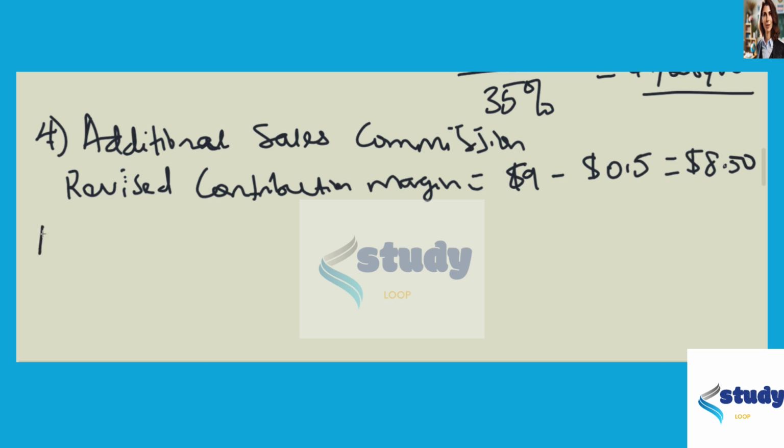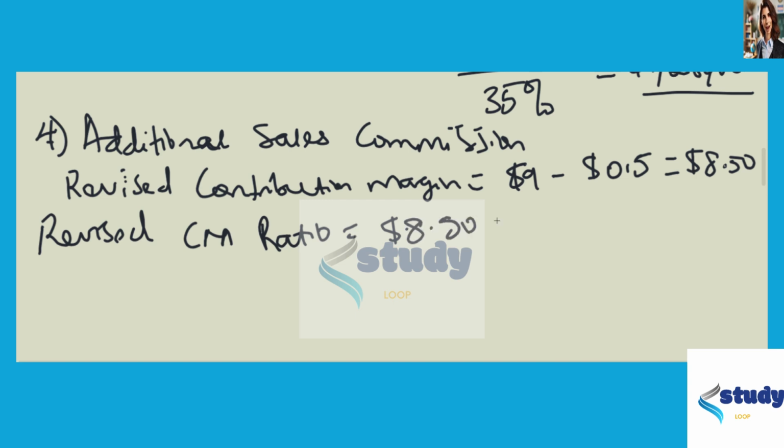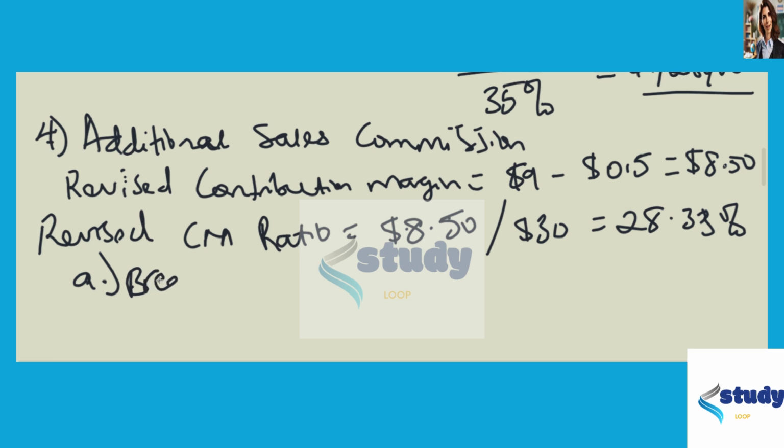The revised contribution margin ratio will be equal to 8.50 divided by $30, and this will give you 28.33%.